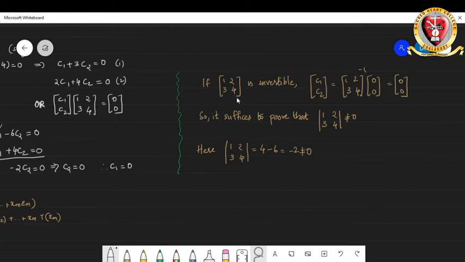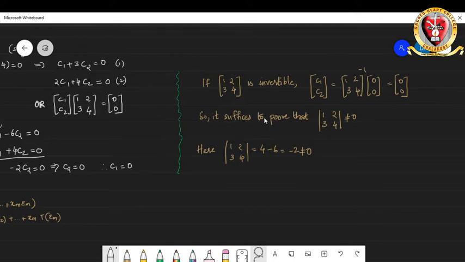If the 2 by 2 matrix is invertible, then you can find the column vector (c1, c2) to be equal to the inverse of the matrix times the column vector (0, 0), and you obtain the column vector (0, 0), which means c1 is equal to 0 and c2 is equal to 0.